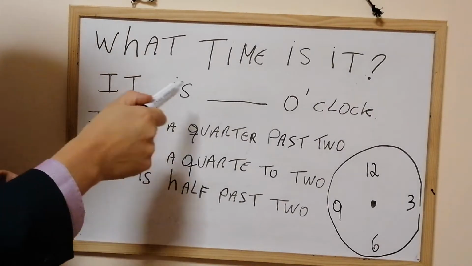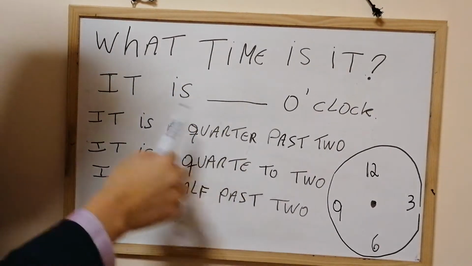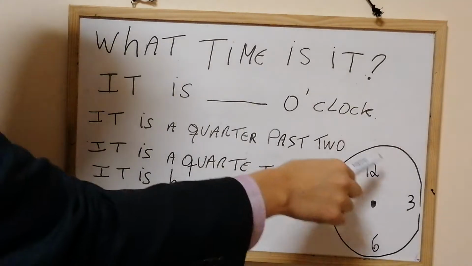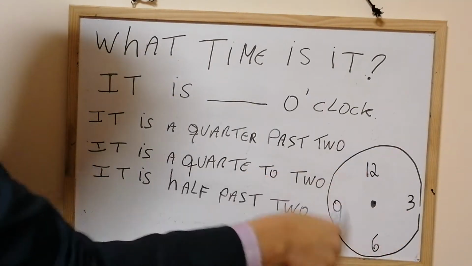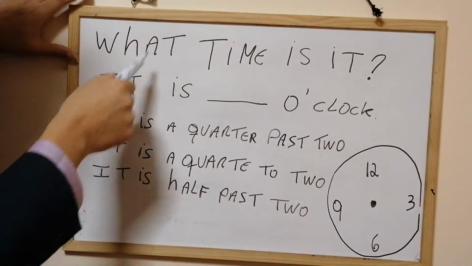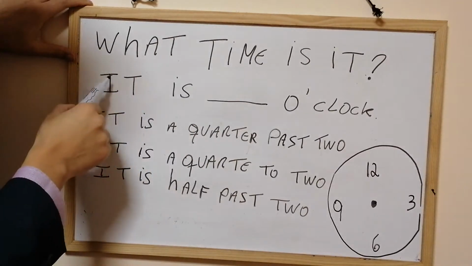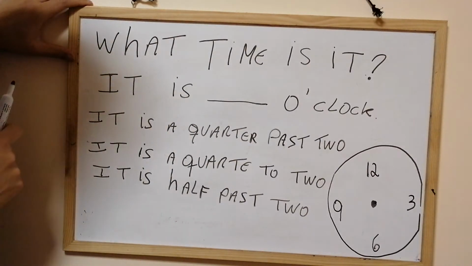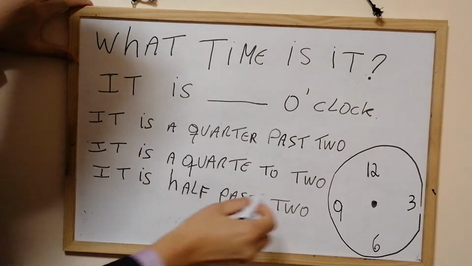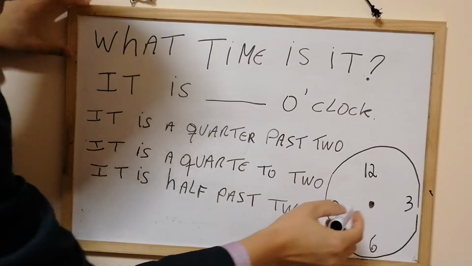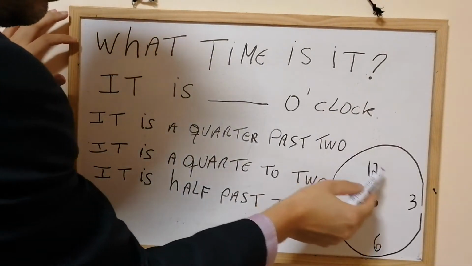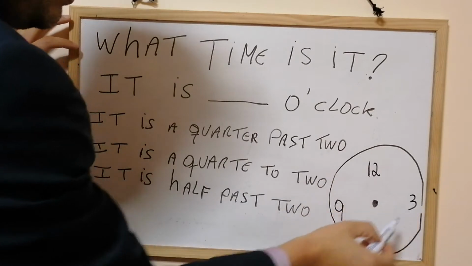And here we have a few examples so that we're going to practice with the clock I have drawn here. What time is it? Let's say that it is 2 o'clock. Here we have 12, 3, 6, 9.